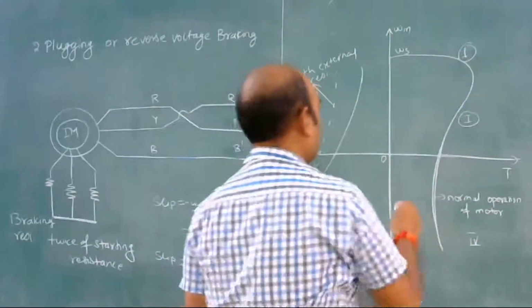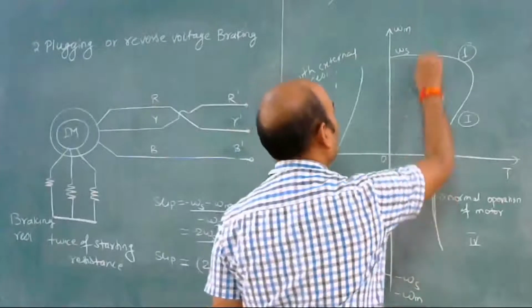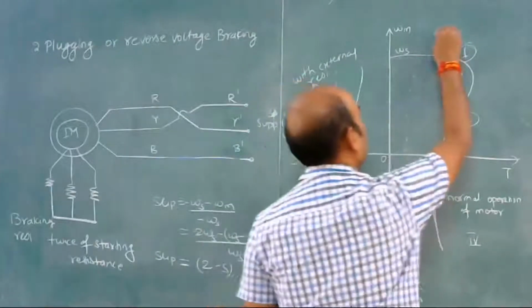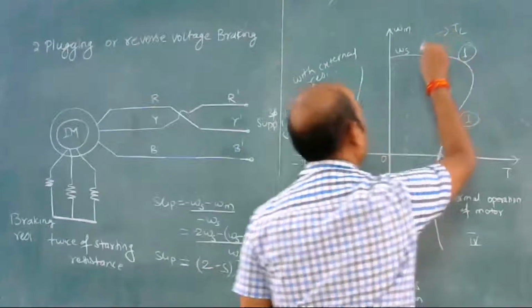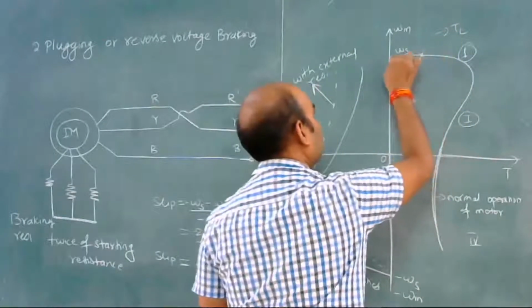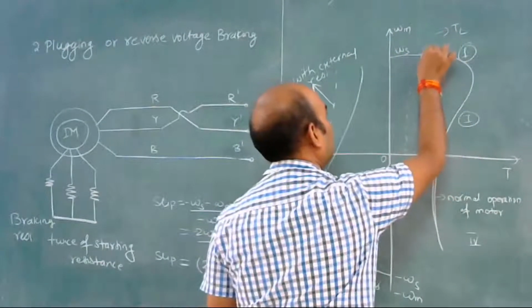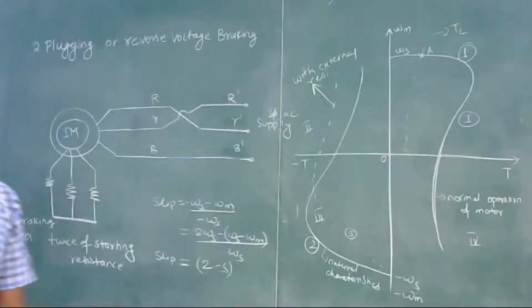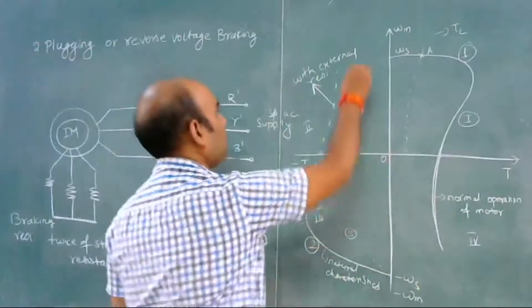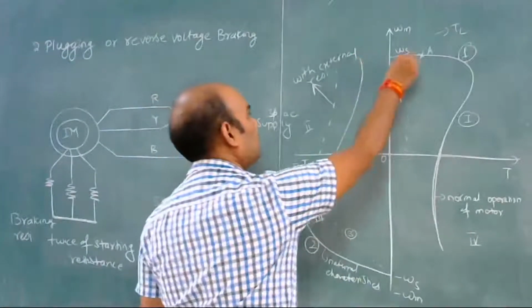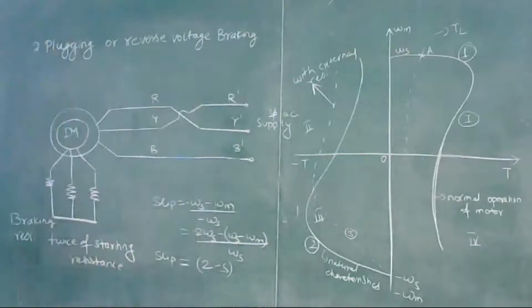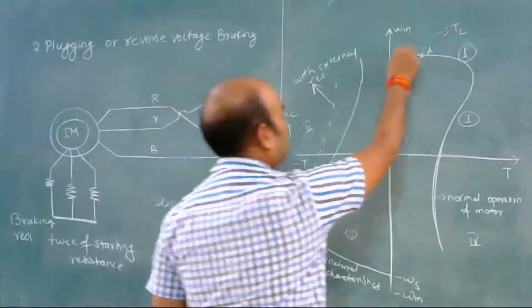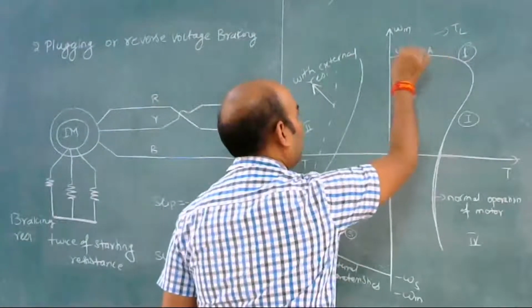And we suppose a constant load torque TL like this. This is our operating point A, the intersection of load torque and the speed-torque characteristics.